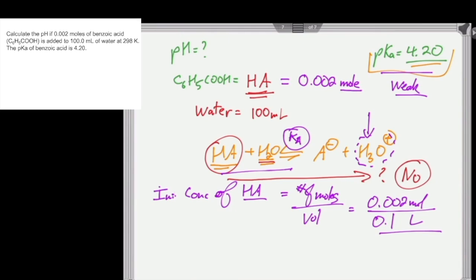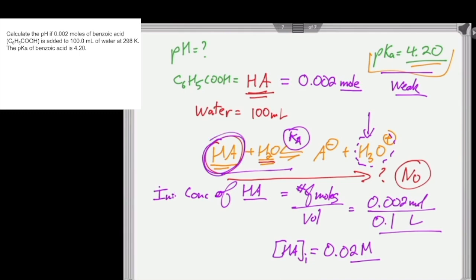Yeah, ICE tables, exactly. So the initial concentration of HA is equal to 0.02 molar, capital M, moles per liter. Okay, great. That's the starting state. That's the HA that I added.